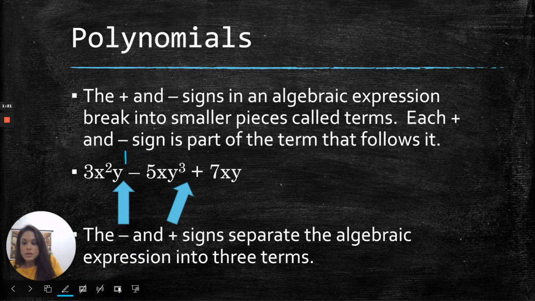This would be the first term, and here we have a minus sign, minus 5x times y cubed, and we can divide it here. So the negative and the positive signs separate the algebraic expression into three terms. We have three separate terms here, and we're going to break it down a little bit further in the next screen.